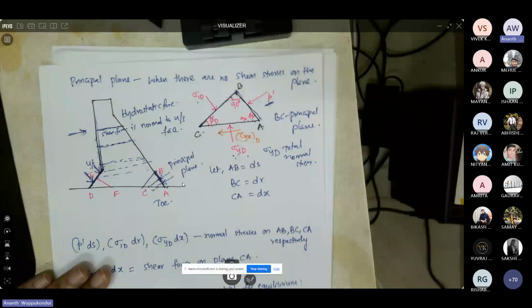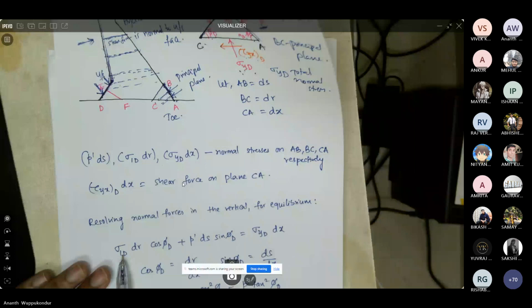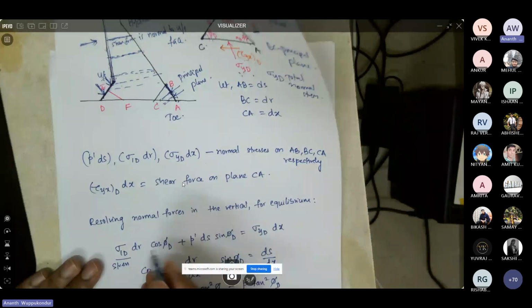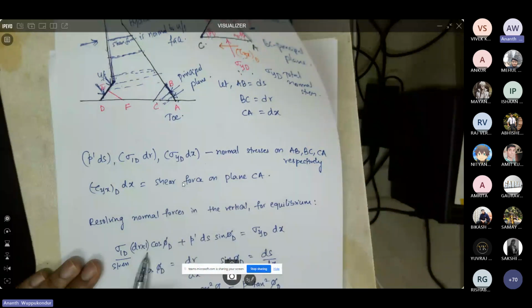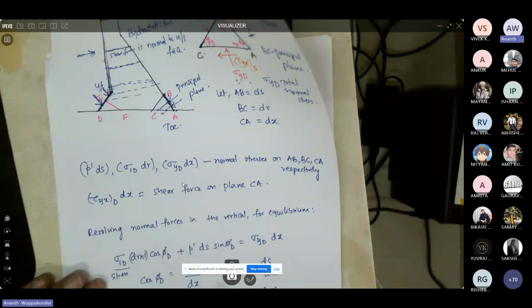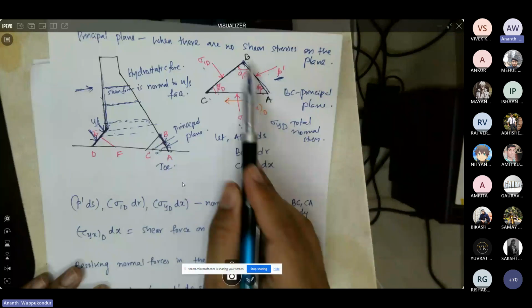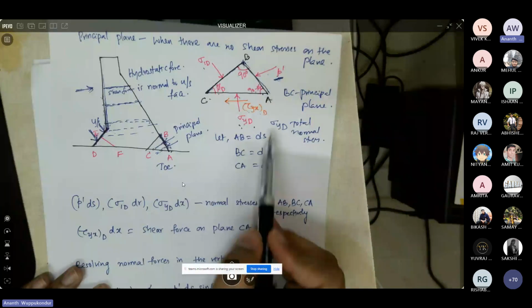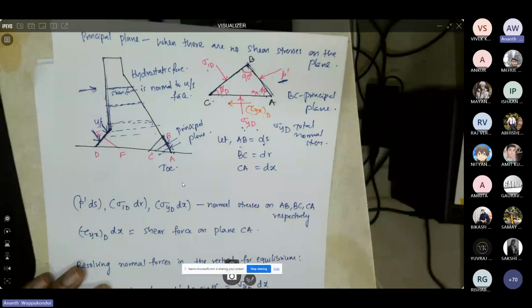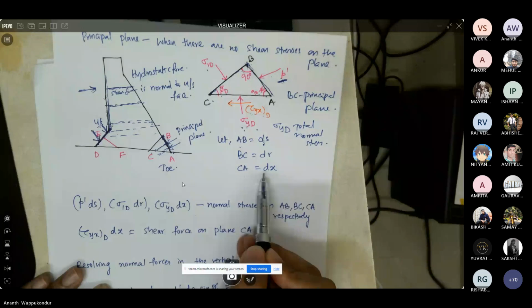So sigma 1D is the stress, and this stress is acting on the area dr times 1. So we are considering per unit length of the dam, and I'm saying here the lengths of these triangular sides: AB has a length of ds, a small elemental length, BC has a length of dr, and CA has a length of dx.